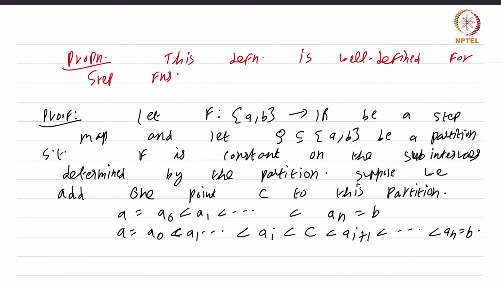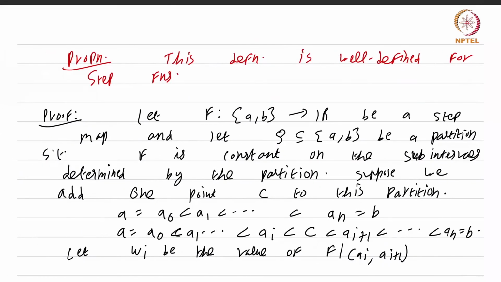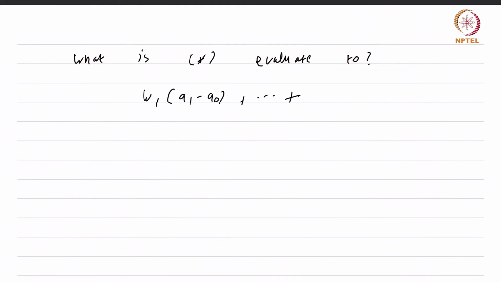Well, let wi be the value of f restricted to ai comma ai plus 1. Then what does star evaluate to? Well, it's the same as the summation. Let's not write a summation, let's just keep it as w1 into a1 minus a0 plus dot dot dot. Then when you reach this interval, the crucial part where a point has been added, in fact the only place where something has changed, you will get two terms.